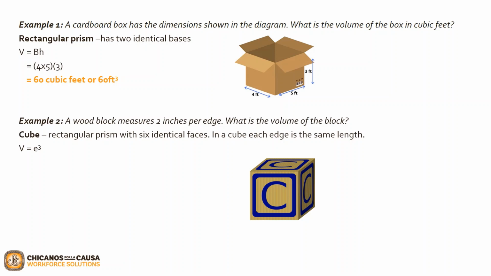So we're going to replace the variable with the value given, which in this case, the measurement was 2 inches. So the volume of the cube, when you take 2 to the 3rd power, is going to be 8 cubic inches. You can write it in either format.